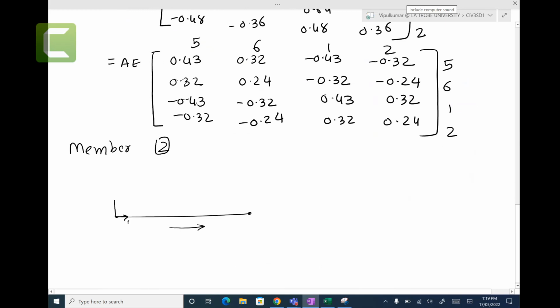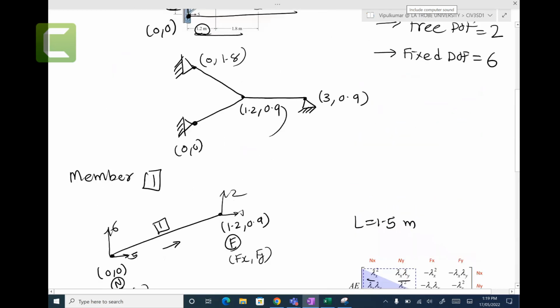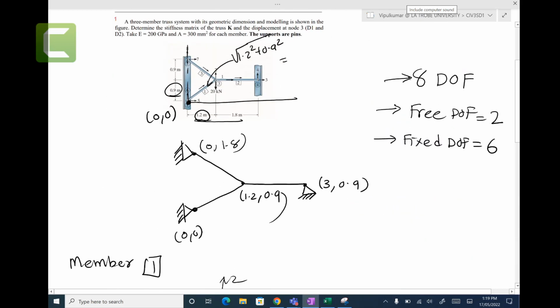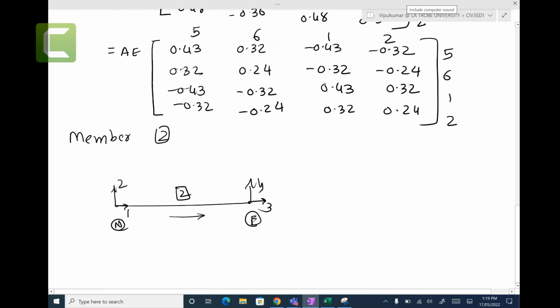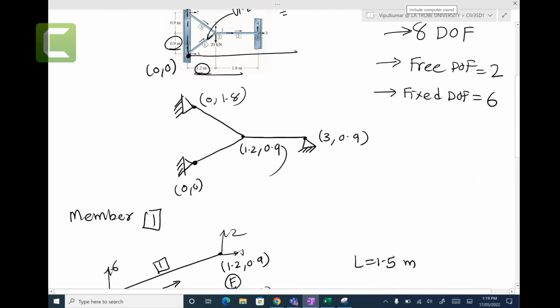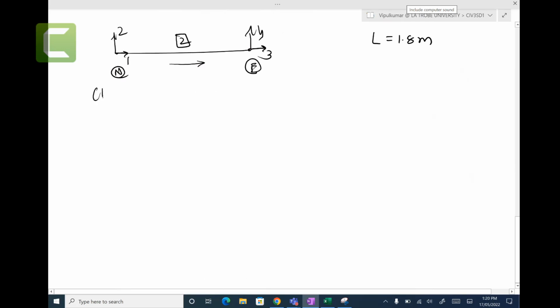This is the near node, this is the far node. What else? 1.8 meter length. The coordinates are 1.2, 0.9 and 3, 0.9.